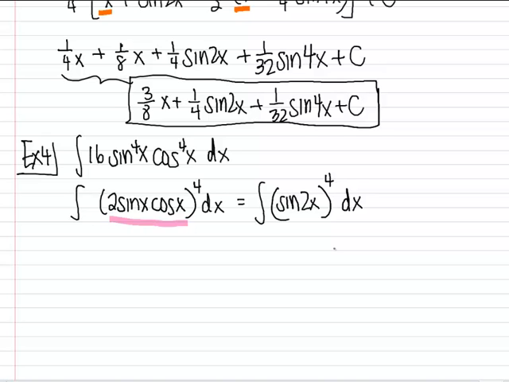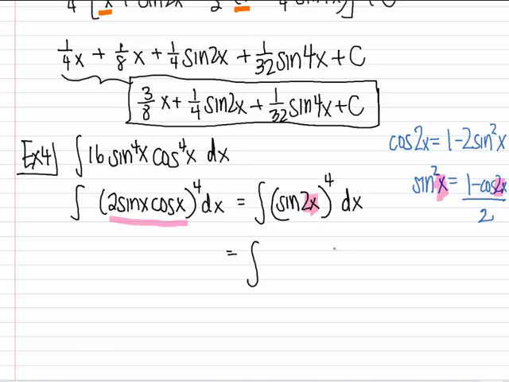So we are actually going to do something similar to the last one, but we're going to use the power reducing formula for sines. That was the one where cosine 2x equals 1 minus 2 sine squared x. So solving for sine squared x, we have 1 minus cosine 2x all over 2. But notice that we have an x, and over here we have a 2x. So it's going to change a little bit.